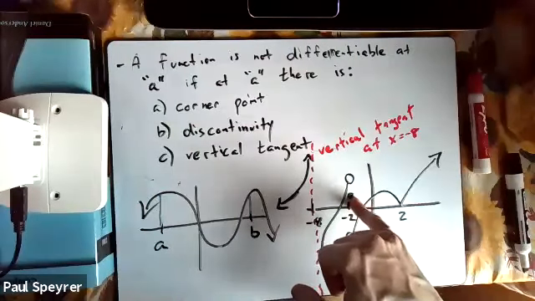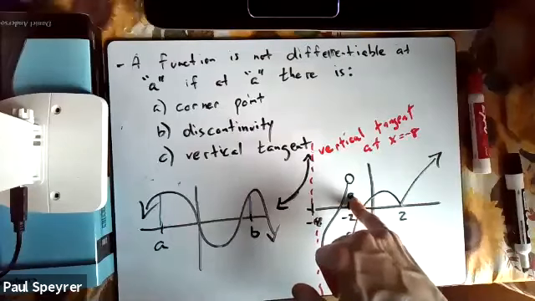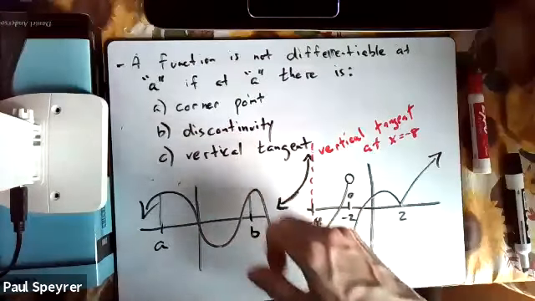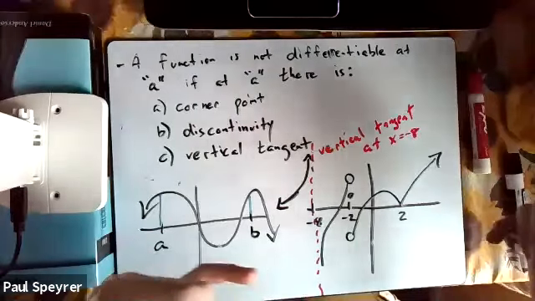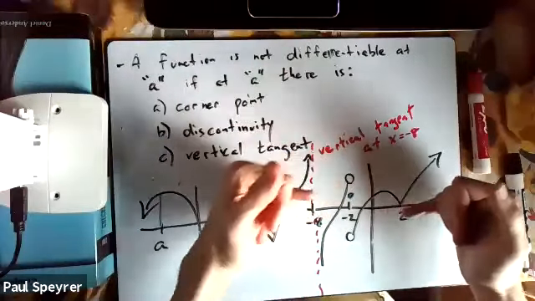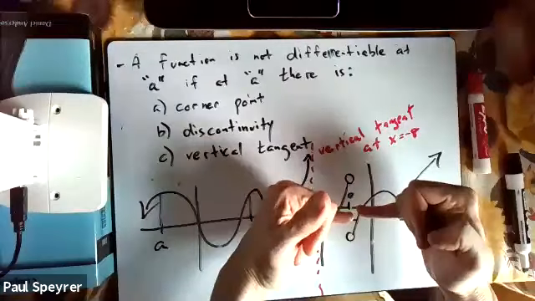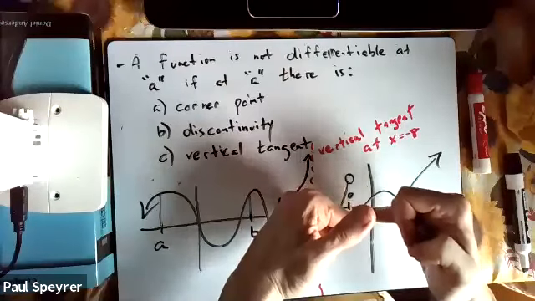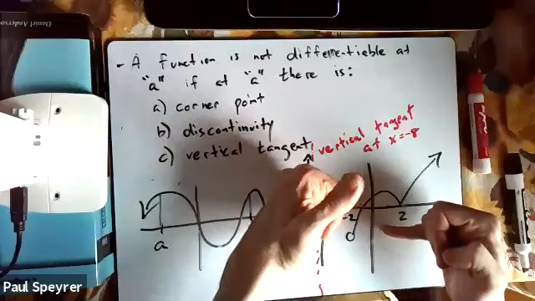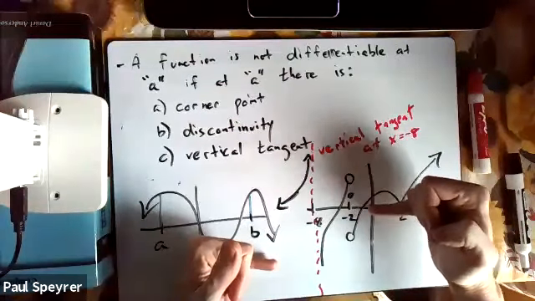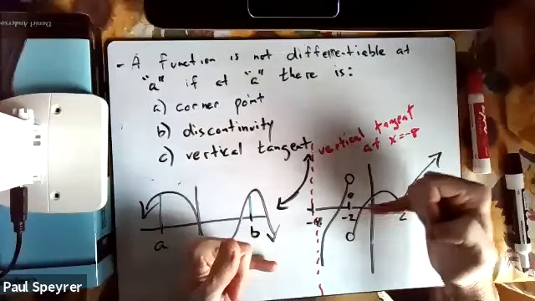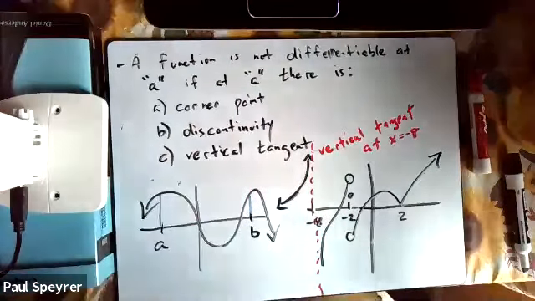Yes, it is defined at -2 because you have a solid circle. But remember, for something to be continuous, you have to be approaching the same y value as you approach that x value from the left, and you have to be approaching that same y value as you approach that x value from the right. If they're different, then that's discontinuous.